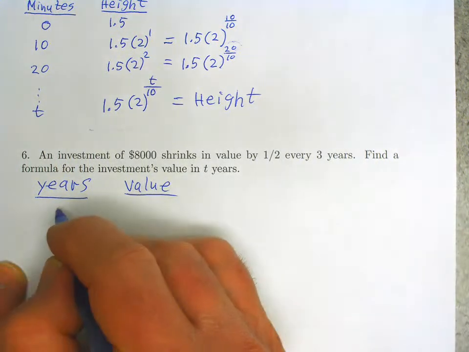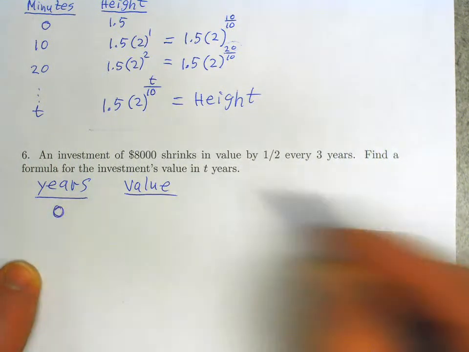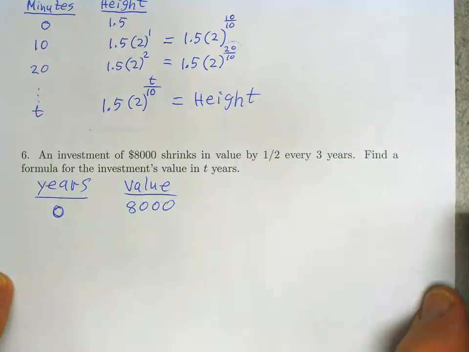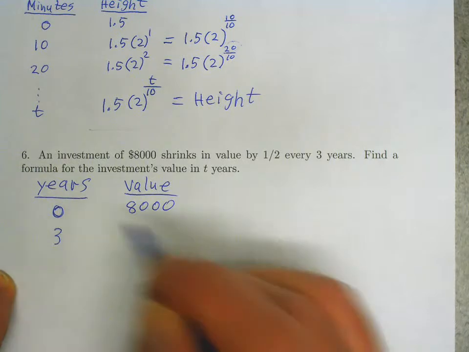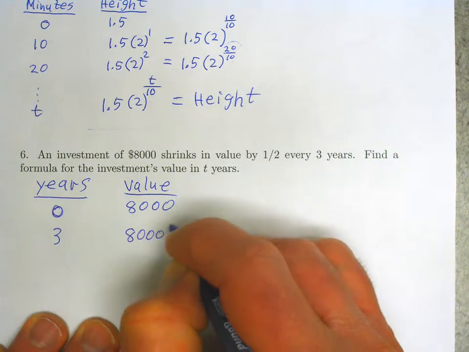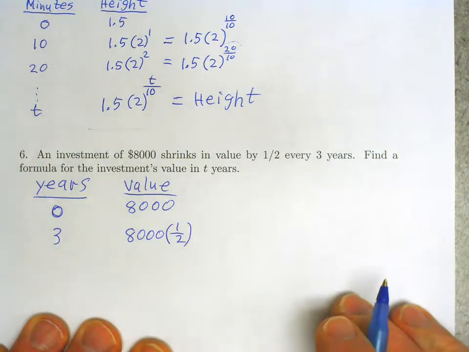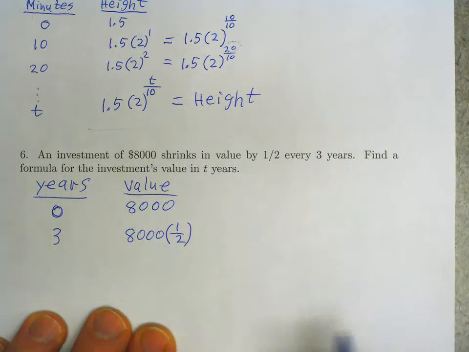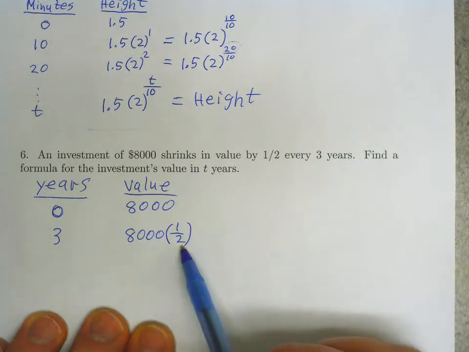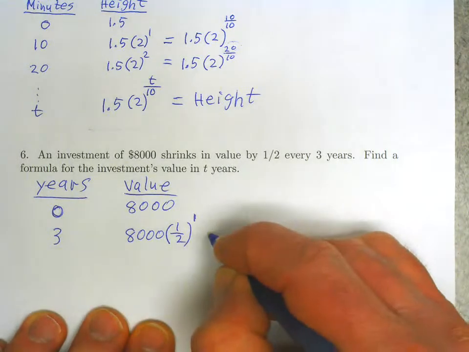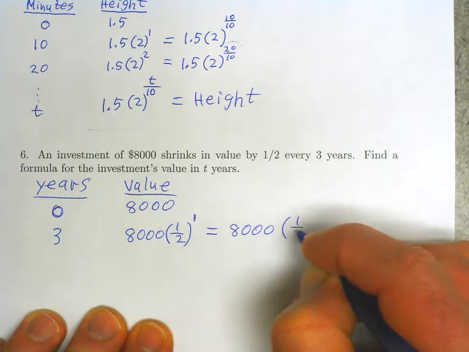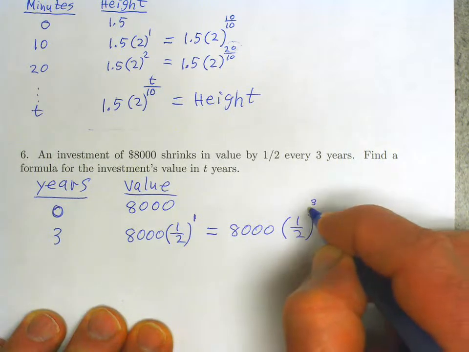So we're starting out at t equals 0 years, the value of the investment is 8,000. Then in 3 years, the value of the investment is 1/2 what it was to begin with. So think of this as 8,000 times 1/2 to the first, which is 8,000 times 1/2 to the 3 divided by 3.